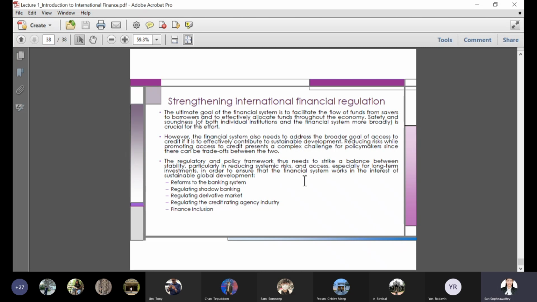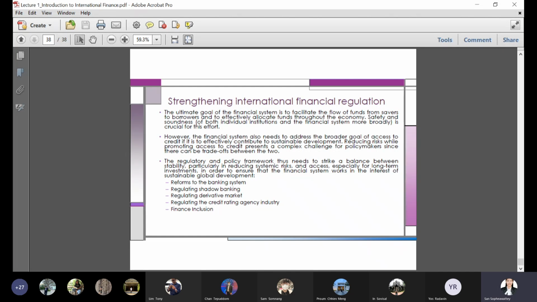So the regulatory and policy framework needs to strike a balance between stability, particularly reducing systemic risk, and at the same time access, especially for long-term investment, in order to ensure that the financial system works for sustainable global development. So there have been a lot of reforms so far in international financial regulation and reform of the banking system.